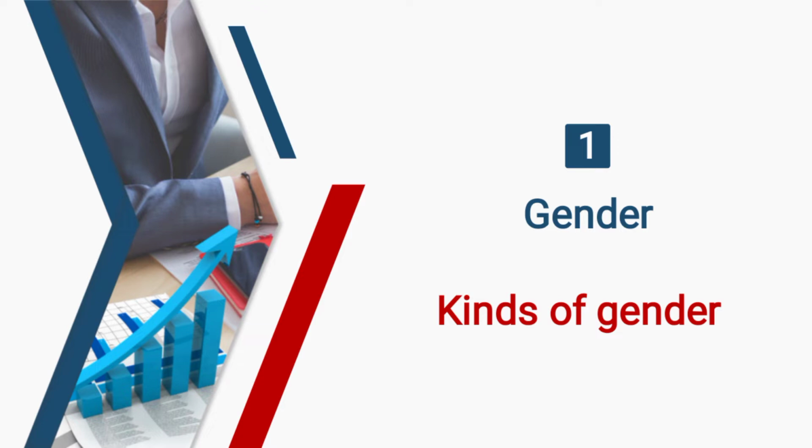In the previous class, we discussed about gender and the kinds of gender. So students, do you remember how many kinds of gender we studied? Yes, we have studied about 4 kinds of gender. Which one? Yes, masculine, feminine, neuter, and common.